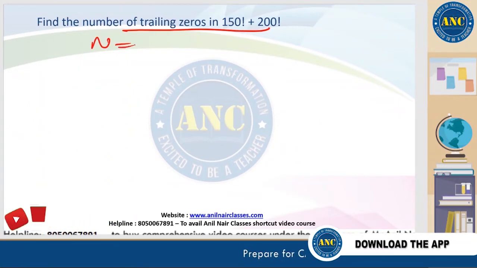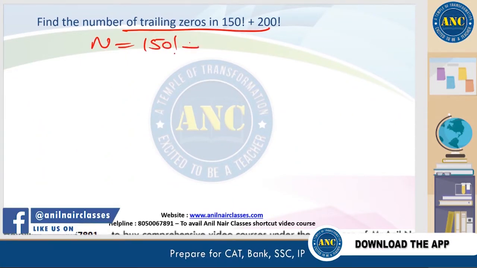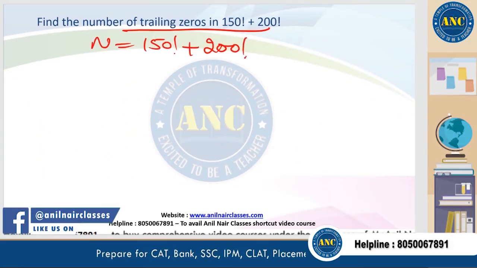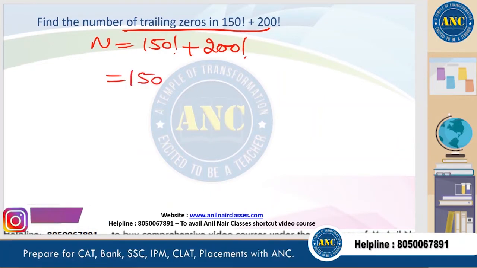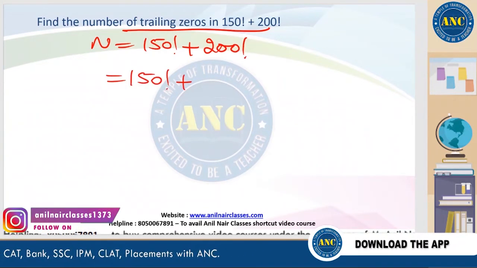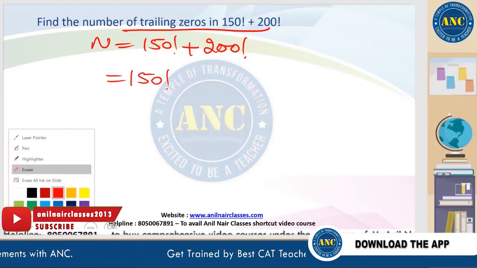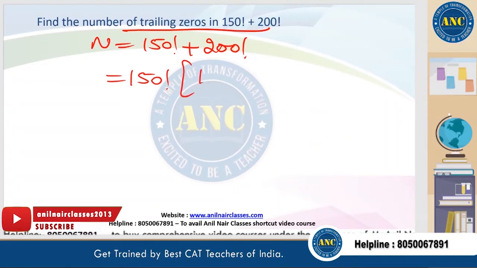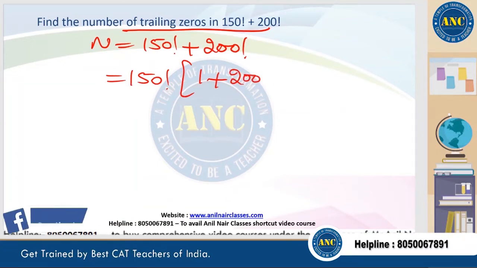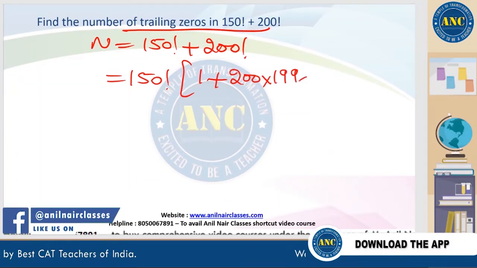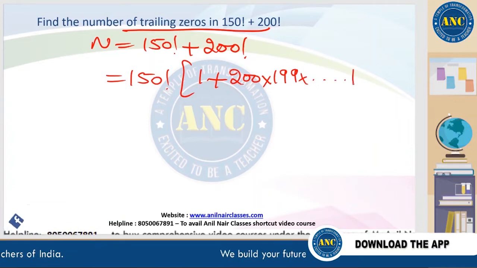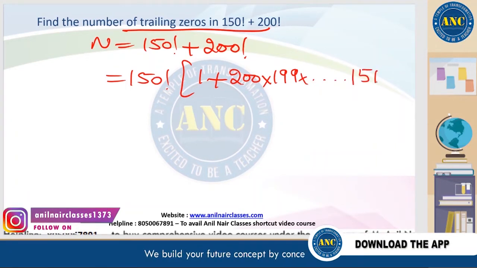Number of trailing zeros in 150 factorial plus 200 factorial. If I take 150 factorial common, 1 plus 200, 199 and so on up to 151 I will get.